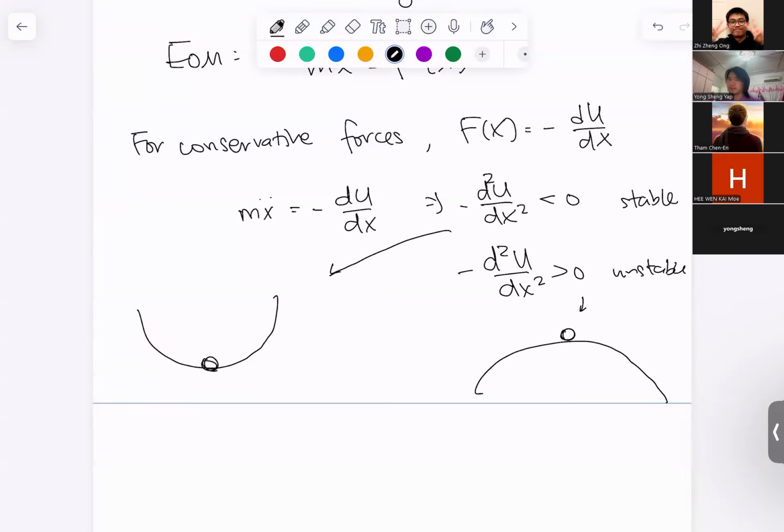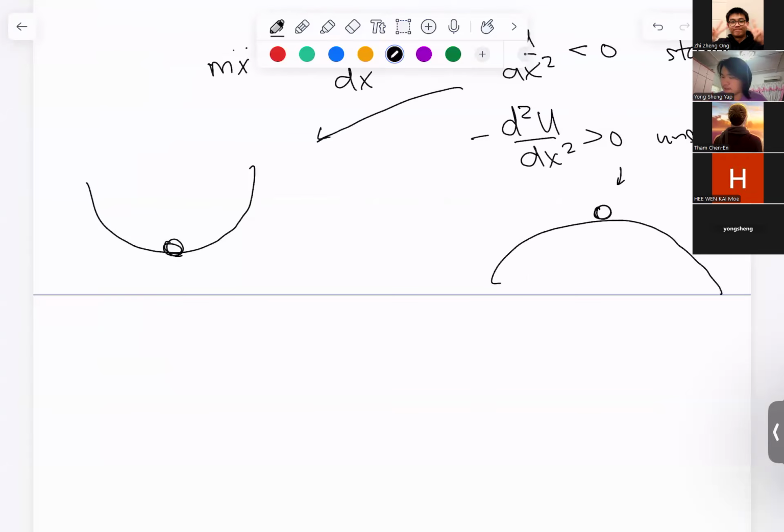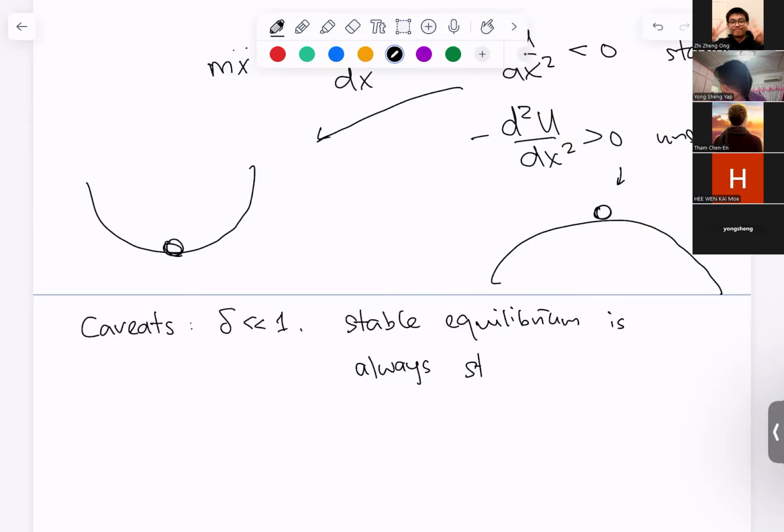All right. Okay. So some caveats I want to make sure. For small displacements, for really small displacements, a stable equilibrium is always stable if no changes in external variables.